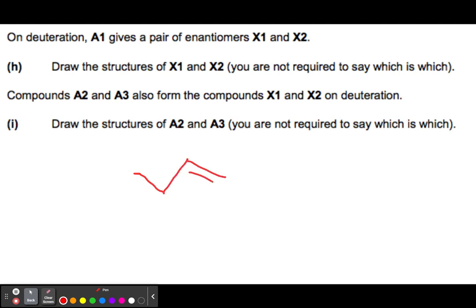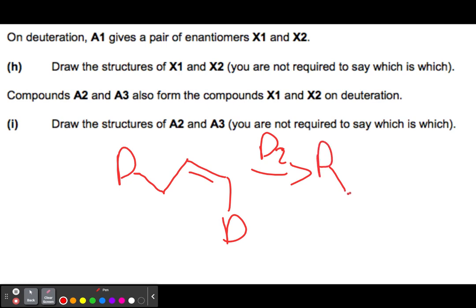A2 is when you deuterate this. So deuteration is the same as hydrogenation, which you might have come across. This is just hydrogenation, but you're adding hydrogen 2. And so it would go across the double bond as before.